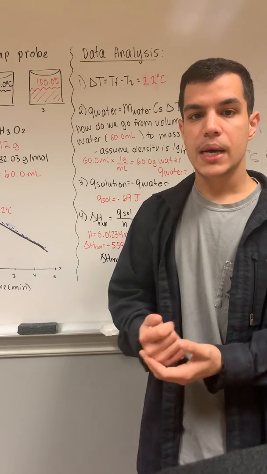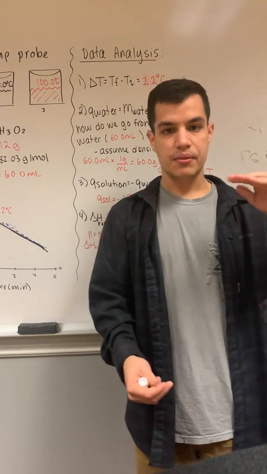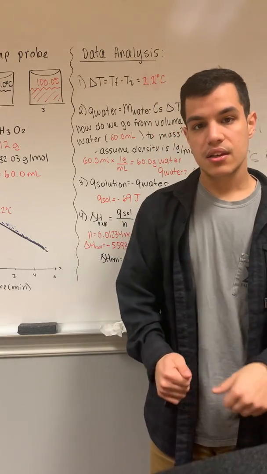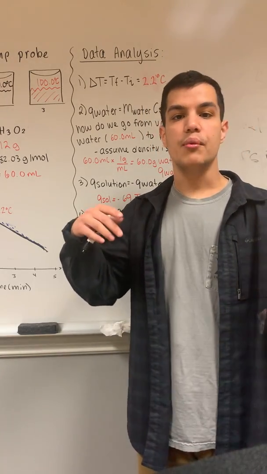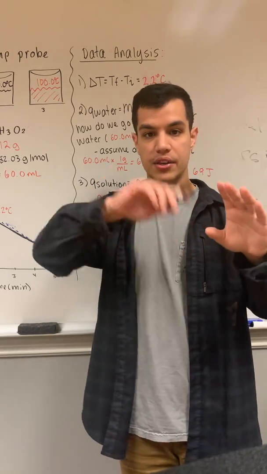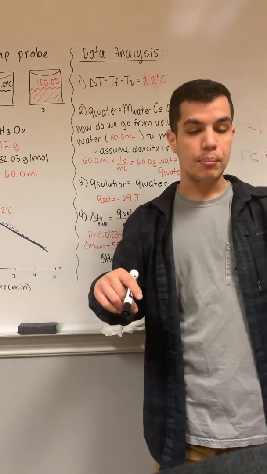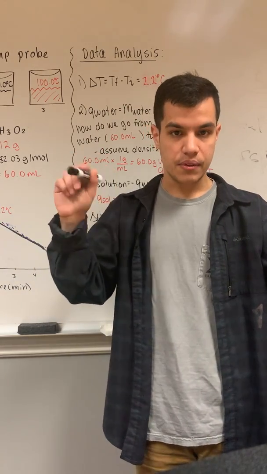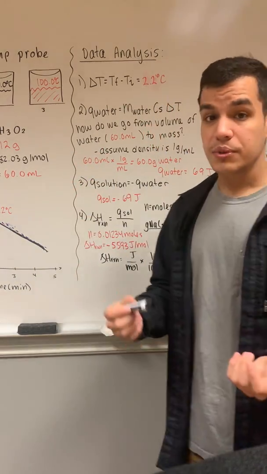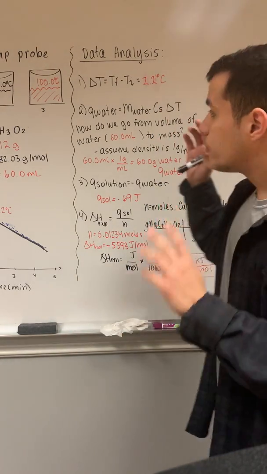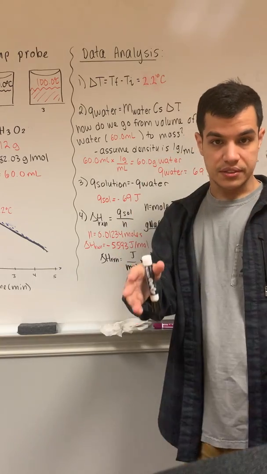It doesn't matter if I took a plane, or if I started running really fast, or if somehow I went underground to go to Colchio. Delta H doesn't care about how you got there, it just cares that you went from one point to another point. So that's why we always have to put the delta in front of the H, because otherwise without the delta it would be meaningless. So in your calculations, make sure you write the delta in front of the H.